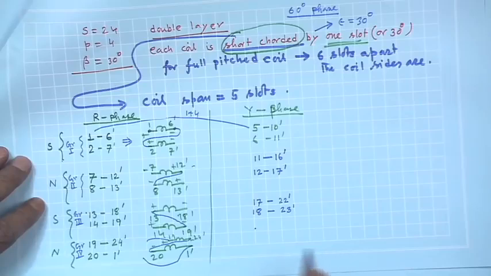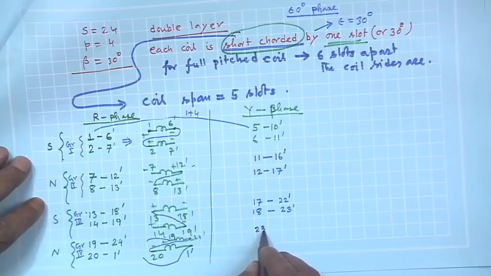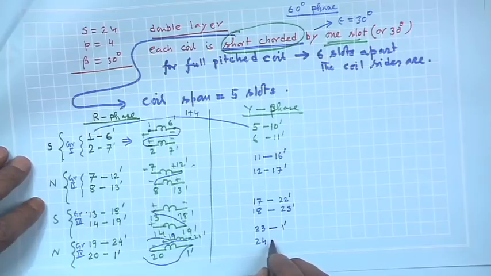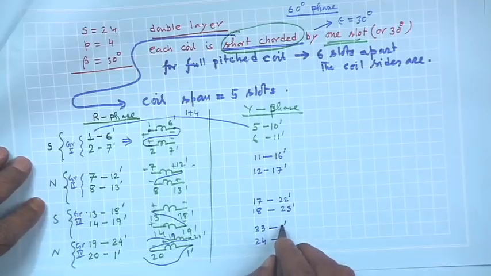No. Oh, 19, this is 19, 19 plus 4, 23, and 23 plus 5, that is 25 dashed, means 1 dashed, and then 24, 23 plus 5, 28, so 4 dashed, and this will be 5 dashed.